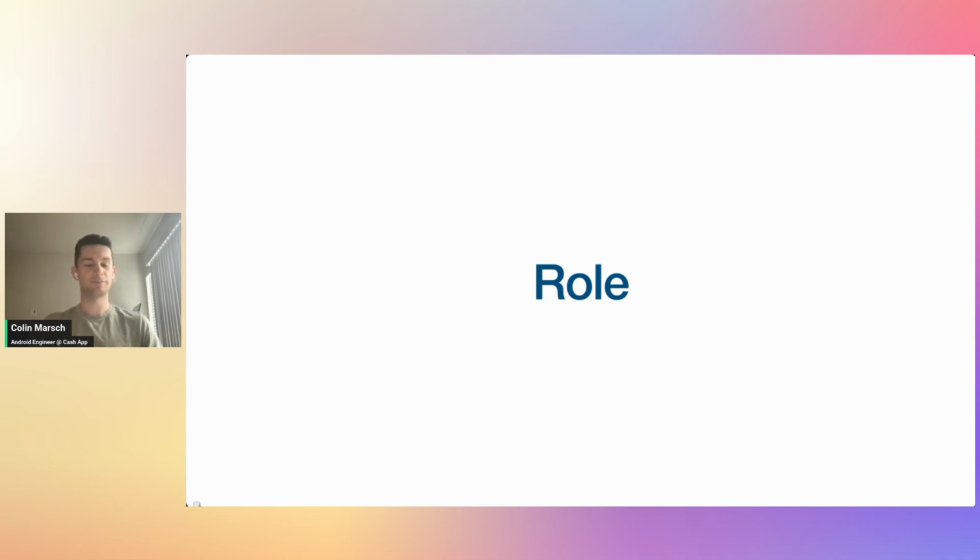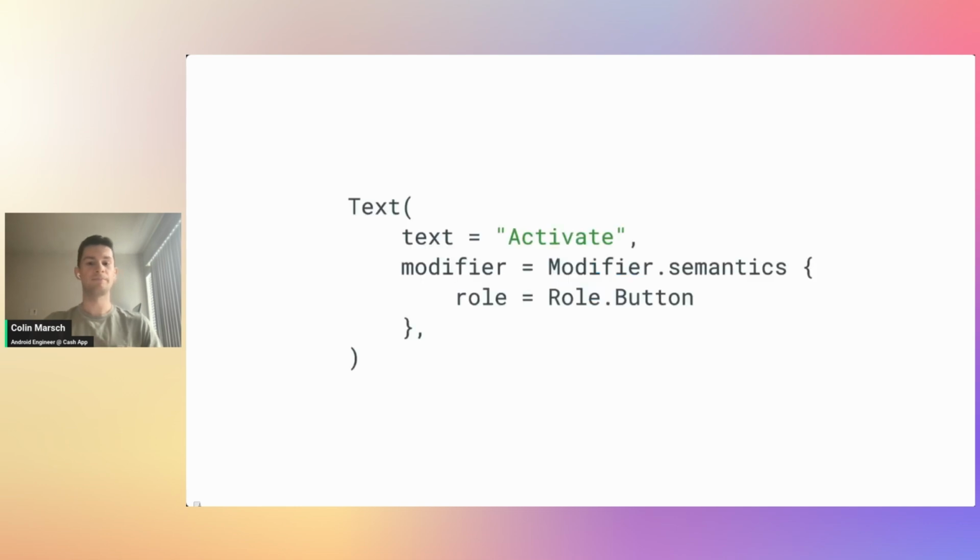So role is something that allows you to customize what kind of thing a UI element is. If we look at the code here, we can specify via the semantics modifier again, the role of an element. So here we're saying the role of this element is a button. There are many other roles you can choose from. It can be things like switch or checkbox.